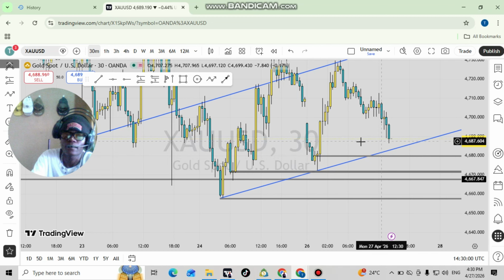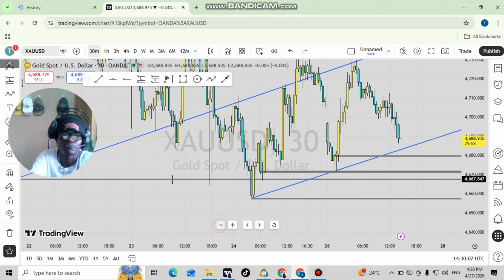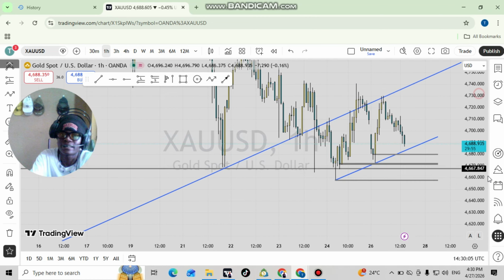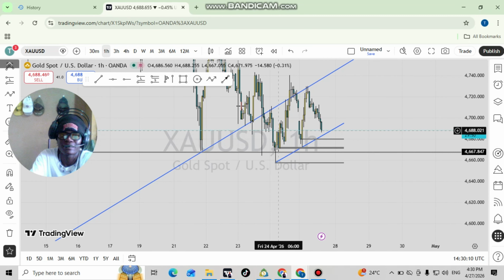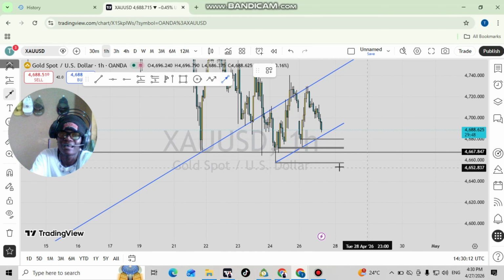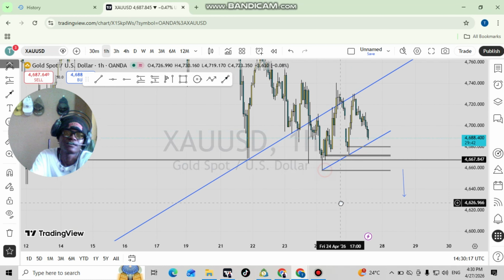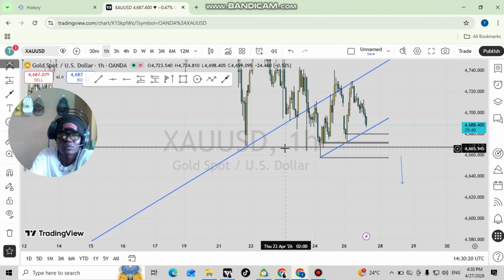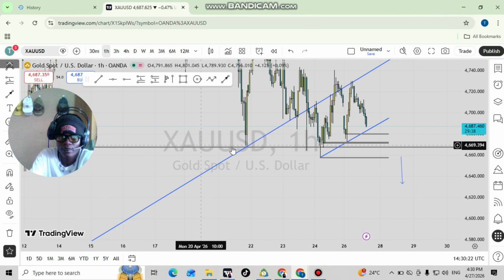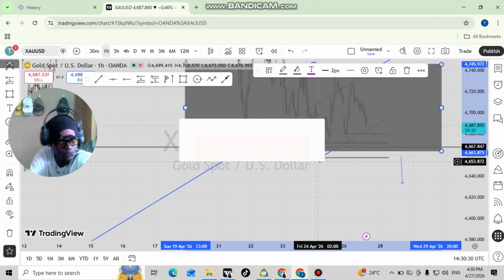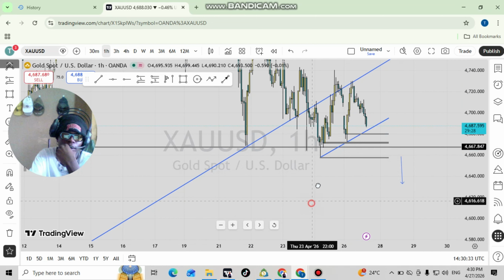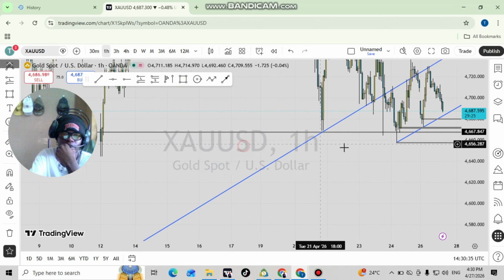So I won't be saying too much right now. That's what I see. I see sells. That's my take on gold. I see sells, but I'm not confirming anything else before price starts playing this side. Anywhere above here, but we want to see price play in this zone.